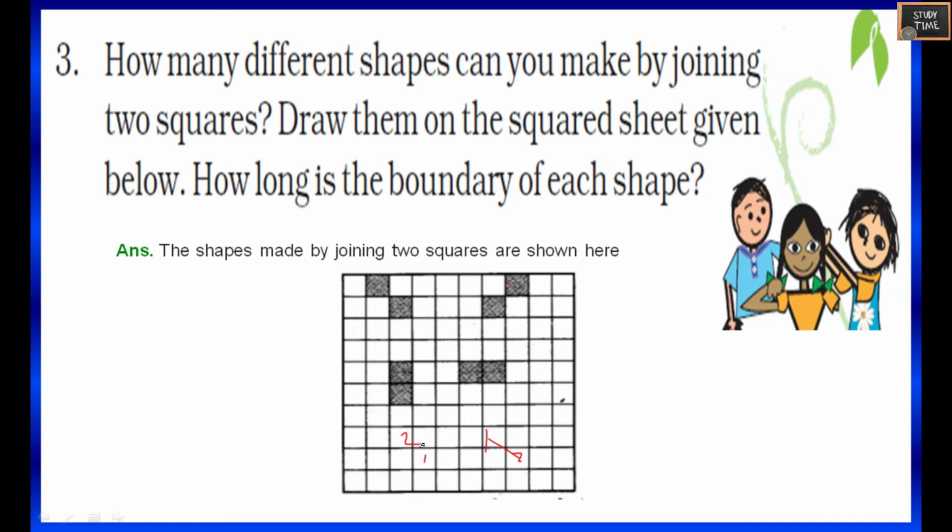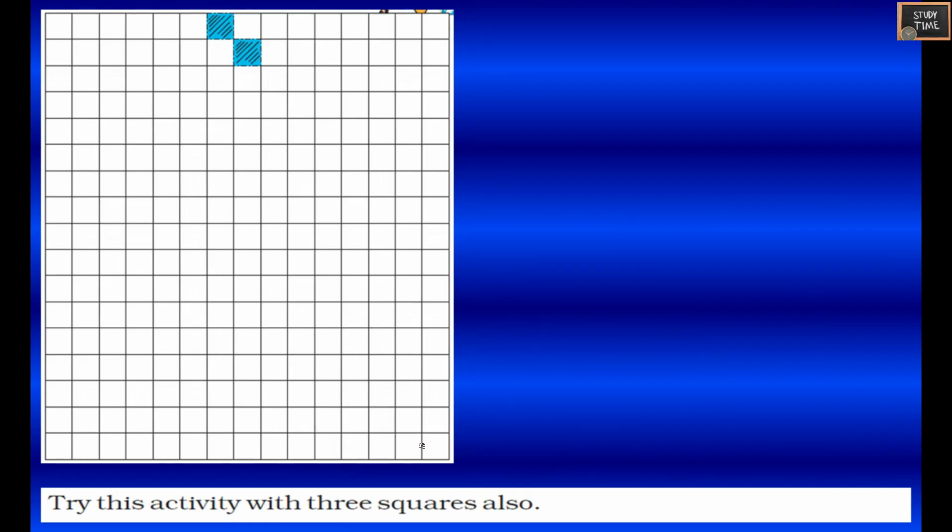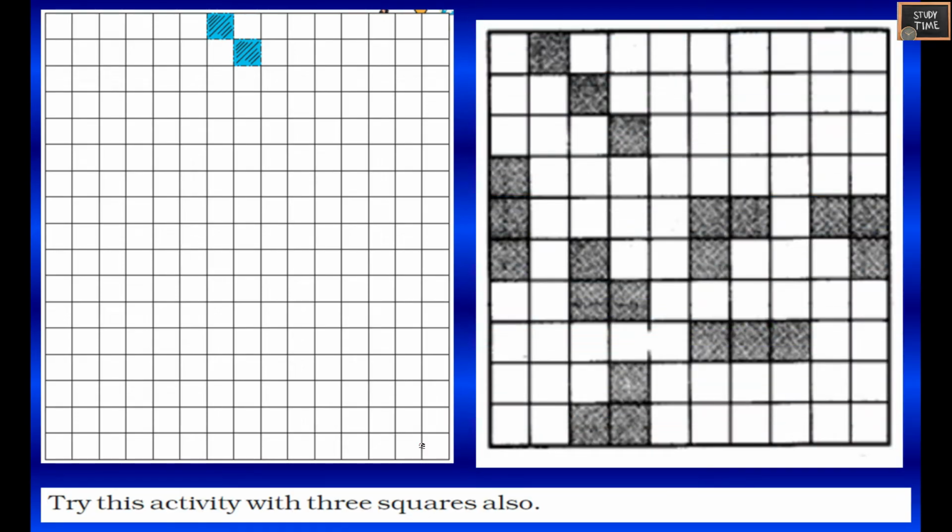Similarly, you can draw the shapes. Now try this activity with 3 squares. So with 3 squares, you can make something like this. So here, like this shape, slanting, horizontal, vertical, horizontal, L shape. So these shapes can be drawn.